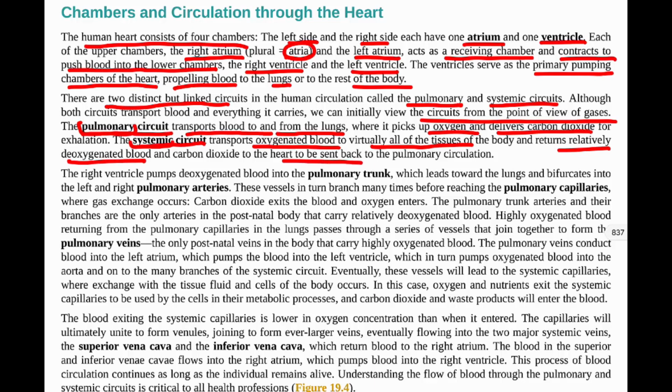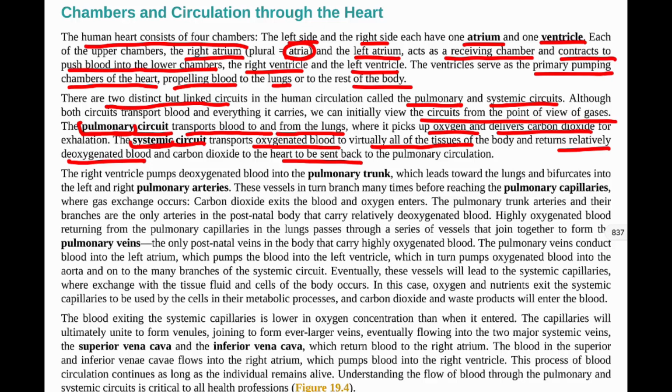So the pulmonary circuit picks up oxygen and drops off carbon dioxide, and the systemic circuit carries oxygen to all of the body tissues and then brings carbon dioxide back up to the heart to then be sent to the pulmonary circuit.